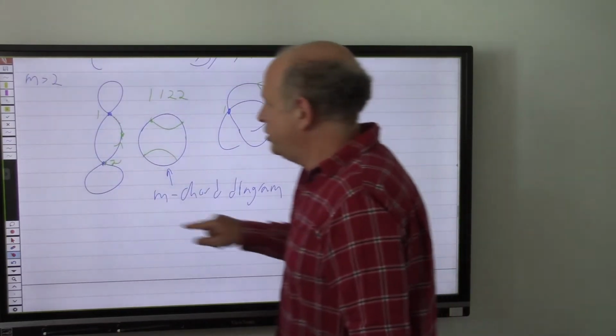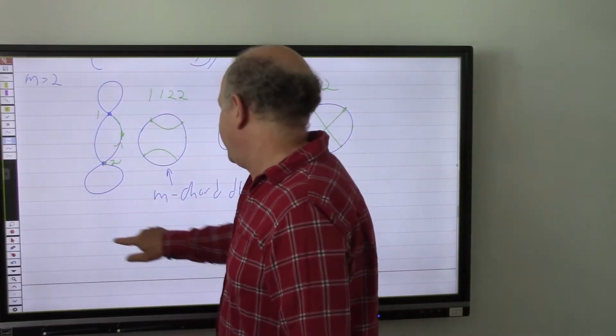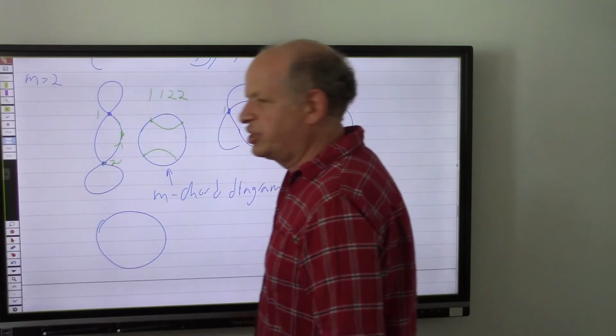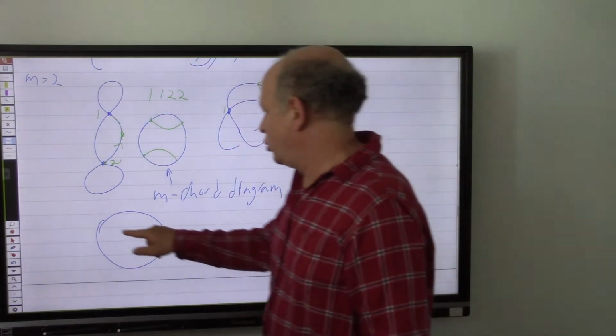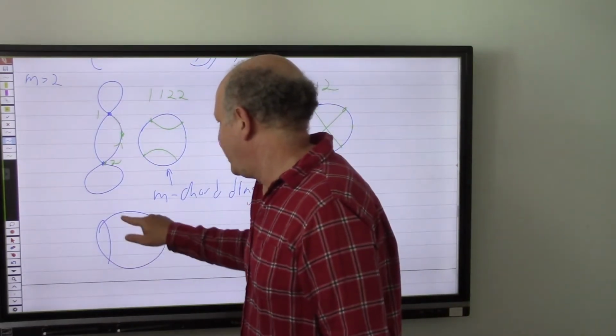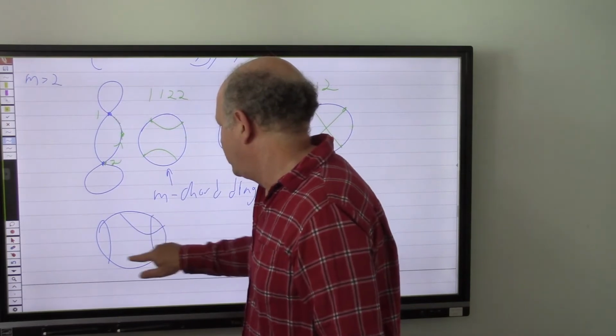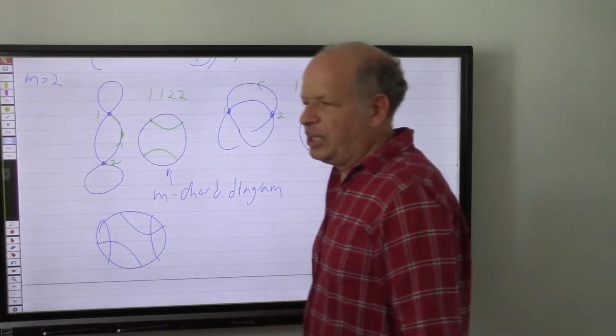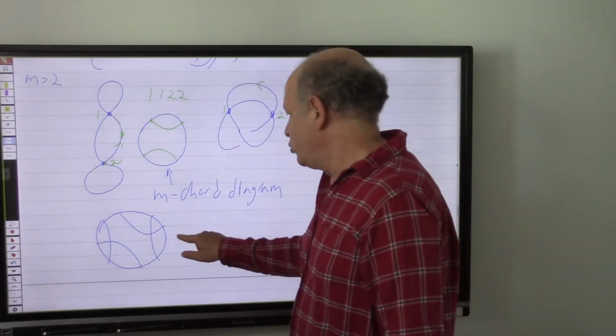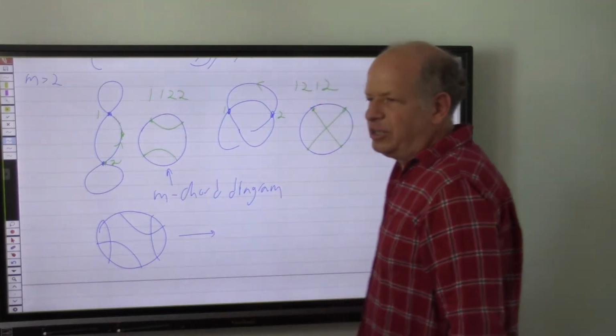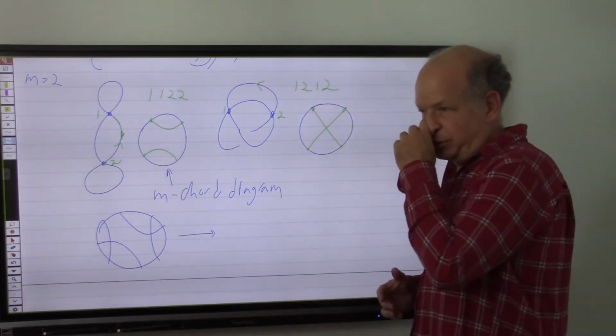The other point is that every M chord diagram corresponds to an M singular knot. If you draw an M chord diagram with a large value of M, clearly you can turn it into an M singular knot.